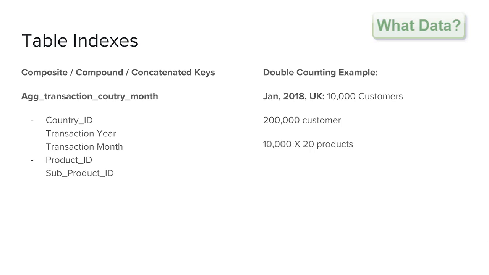The value of 200,000 is made up of our 10,000 initial customers times the 20 rows of product details, giving us a value of 200,000. To correct this, we would perform a count distinct to provide us with the correct figure of 10,000 transactions or customers, or we could use an alternative table that does not contain product and subproduct details.